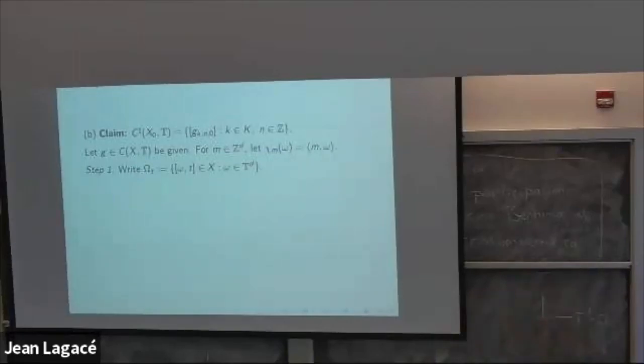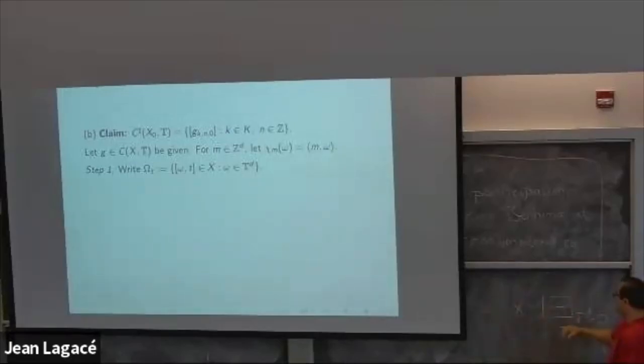So this is my X. And again, top and bottom are identified in the way discussed many times. What I want to do is look at these slices here. This is what is denoted by omega t.